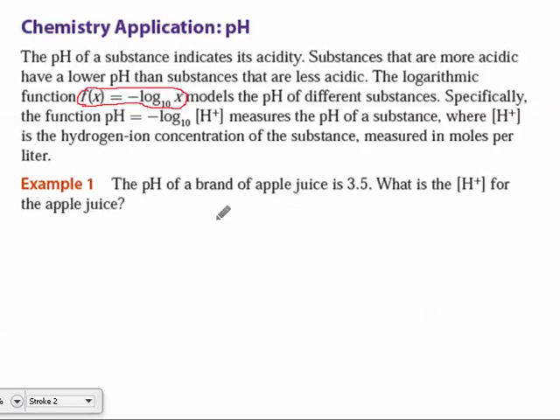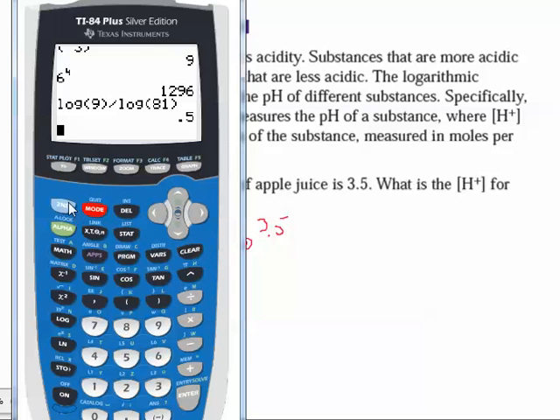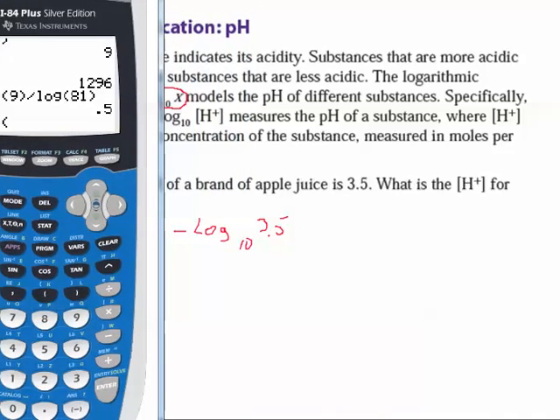It's 3.5. So I'm just going to replace x with 3.5. I've got negative log 10 of 3.5. You know what? I think that one is simply a matter of keying it into the calculator and doing it. Okay, so let's get rid of what's here. Okay, so it's log 10, so that means I can do it on my calculator here, right?